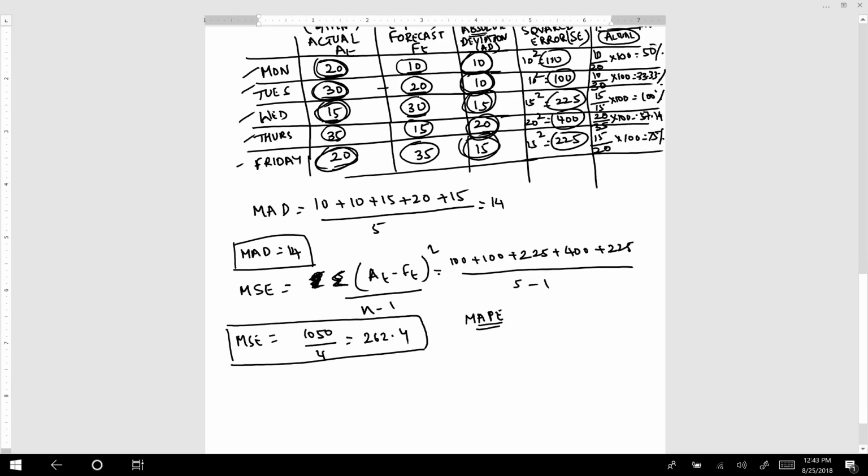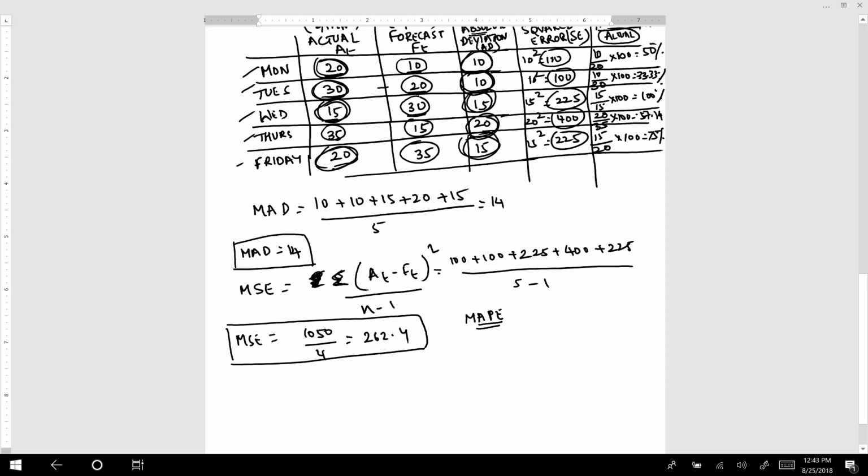So to calculate MAPE, I have to take the average of those numbers. So I have to take the average of 50%, 33.3, 100, 57 and 75.